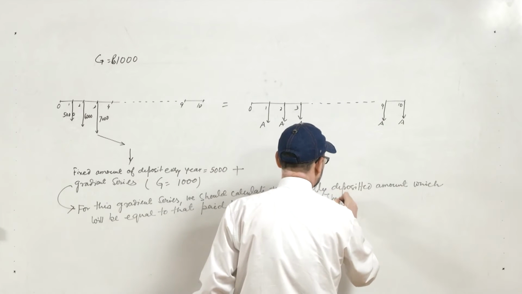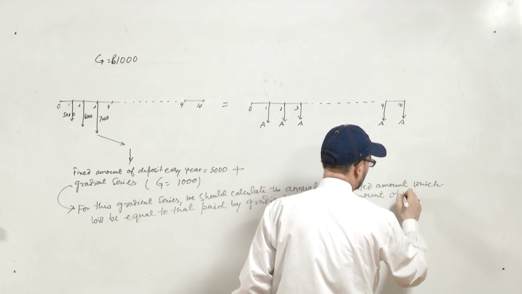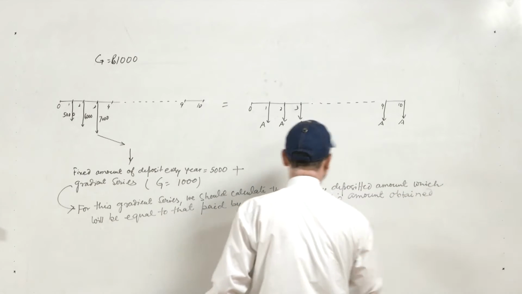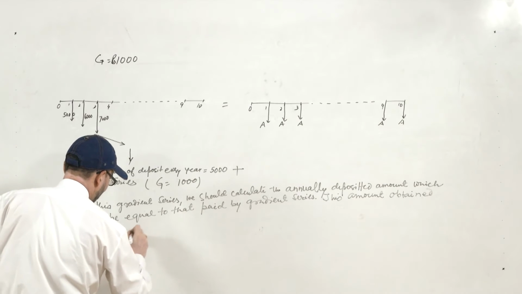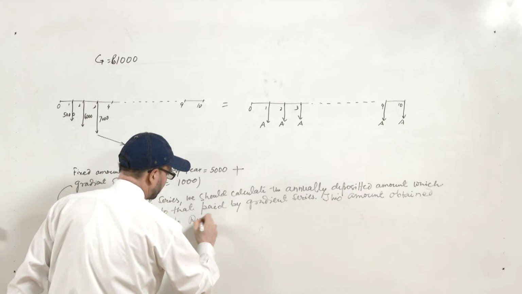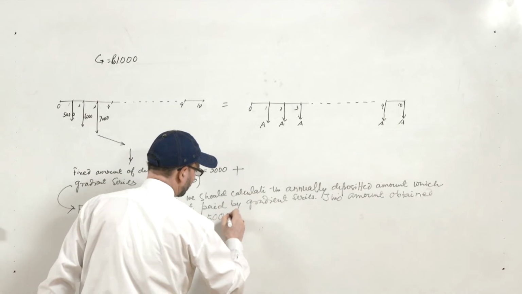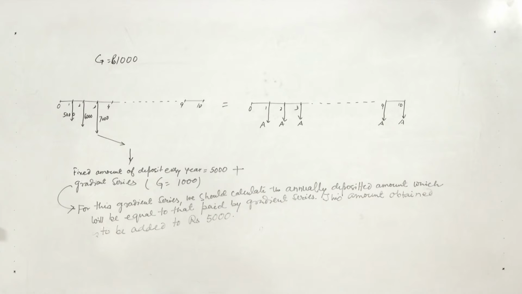This amount obtained has to be added to rupees 5,000. This will give us the final answer.